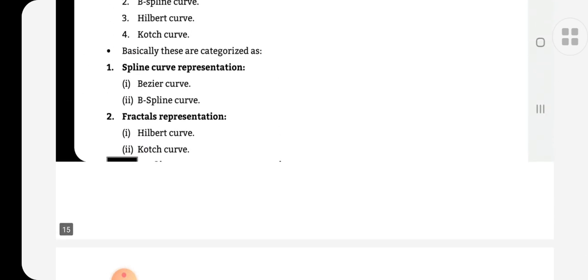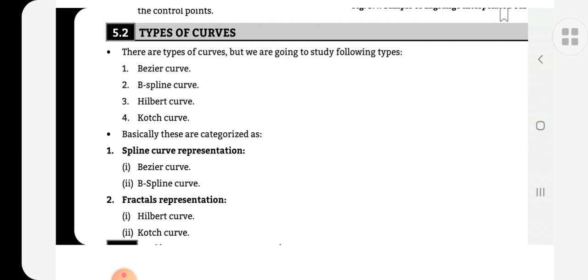And then the types of curves. There are many types of curves, but we are going to study the following types: the Bezier curve, B-spline curve, Hilbert curve, and Koch curve.